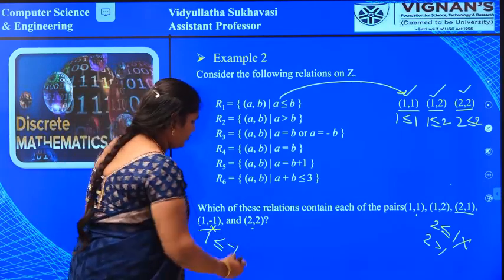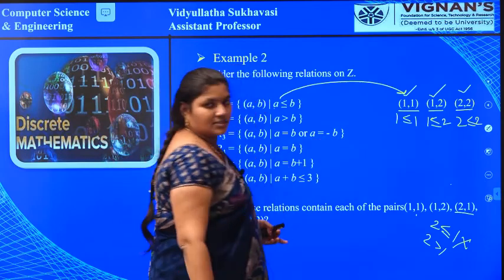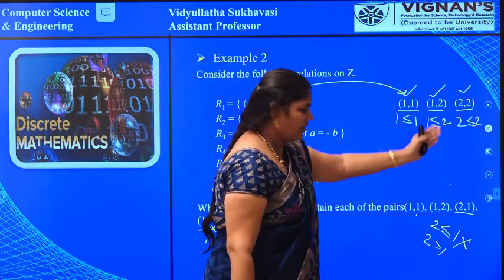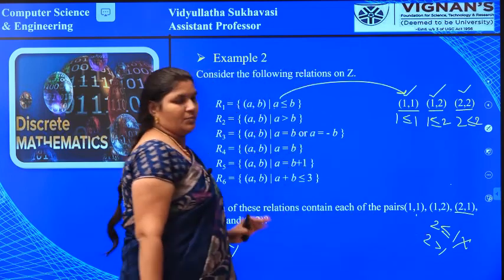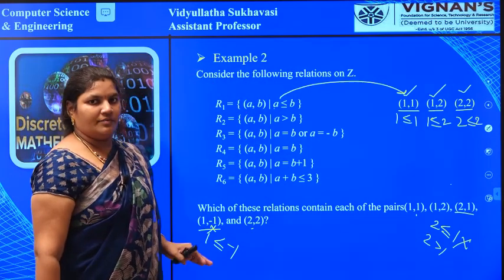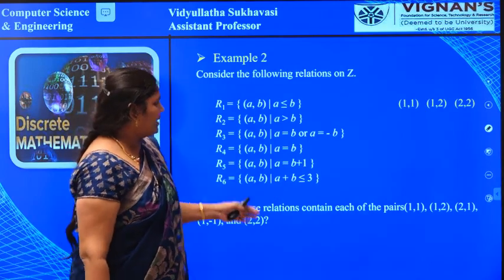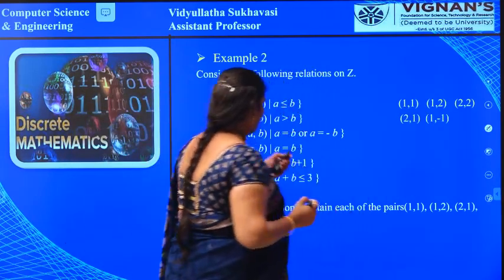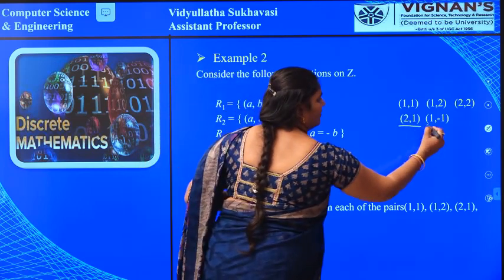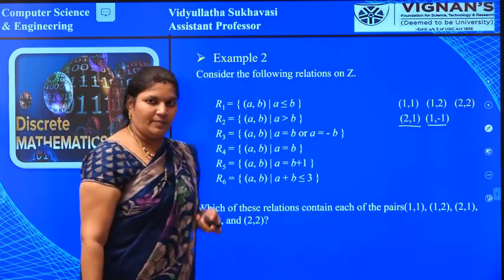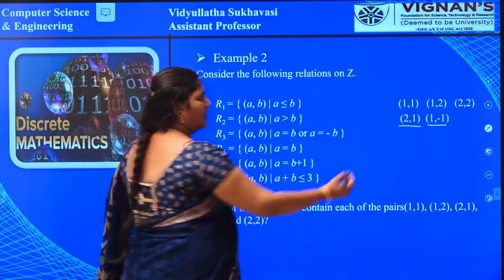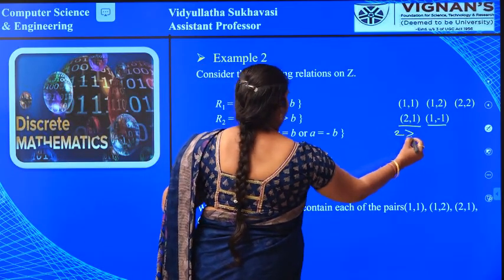So now see here, (2,2) already exists. So we have seen only 3 ordered pairs exist in the relation R1 and the remaining ordered pairs will not exist in the relation R1. In the same way, we need to check for all these relations for all these ordered pairs. Based on this, only (2,1) and (1,-1) are satisfying the relation R2. Why? (2,1), that is 2 greater than 1.